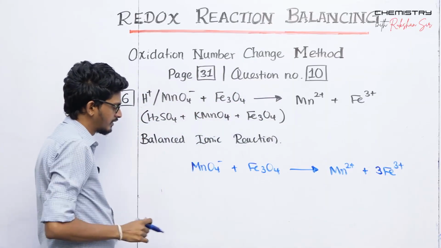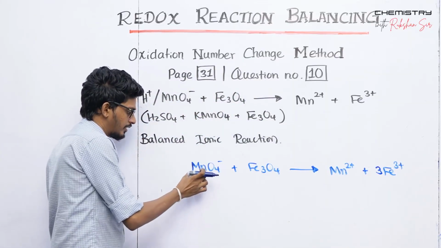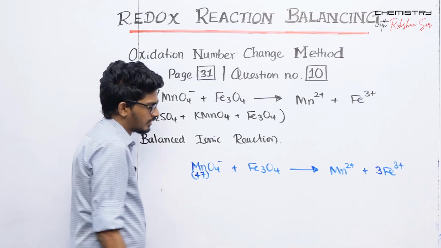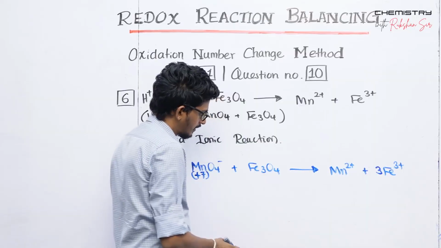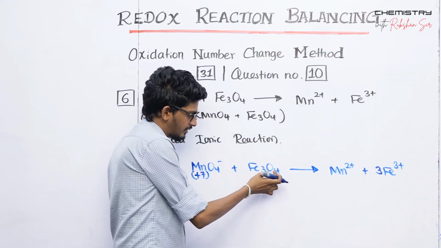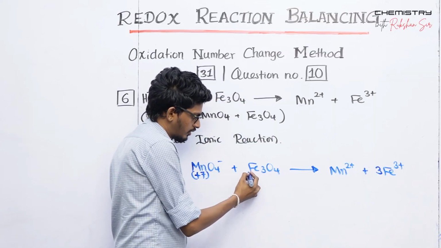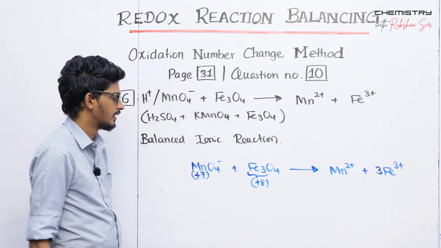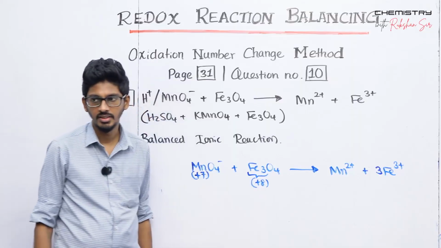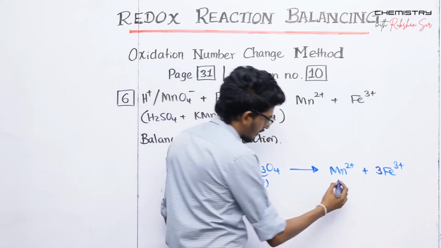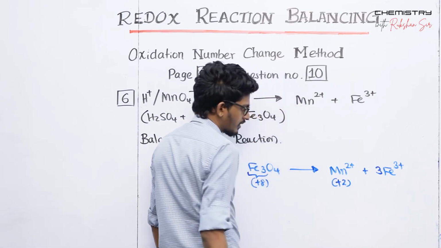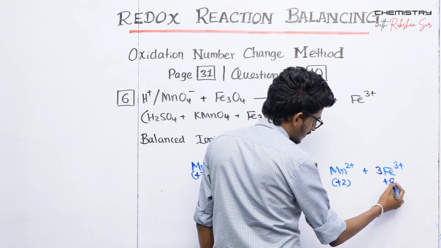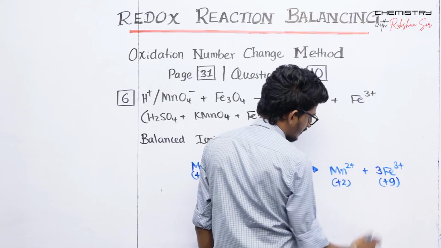So balancing the oxidation states, then -8. So this is +8 minus 1 is +7, right? So this one -8, so all these should carry +8. The summation is what we are looking at, right? Okay. So +2 here. 3 of +3s, that is +9. 3 into +3, right?